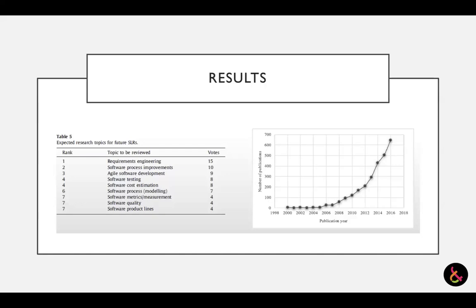And then after doing all this analysis, you can see on this slide, the diagram on the left side shows the number of papers that you have found based on this SLR, and on the right side you can see the number of papers that have been published in a few years.